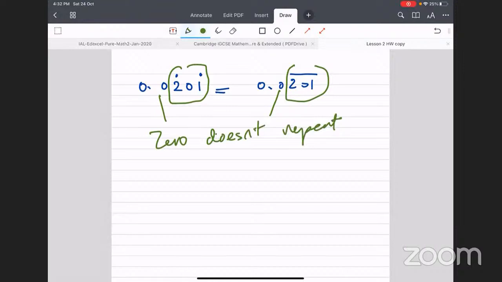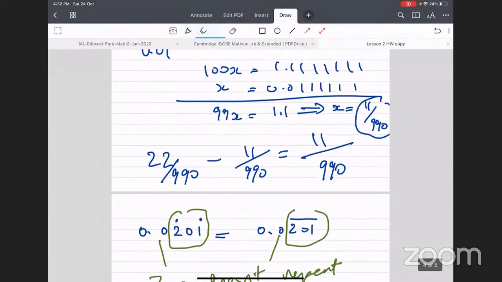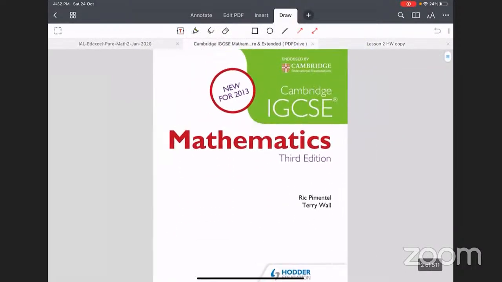Why is the recurring decimal lesson not in your book? It definitely should be in your book. What book are you using, RGB? You're probably using notes. I'm using the third edition, I think, Cambridge IGCSE third edition.